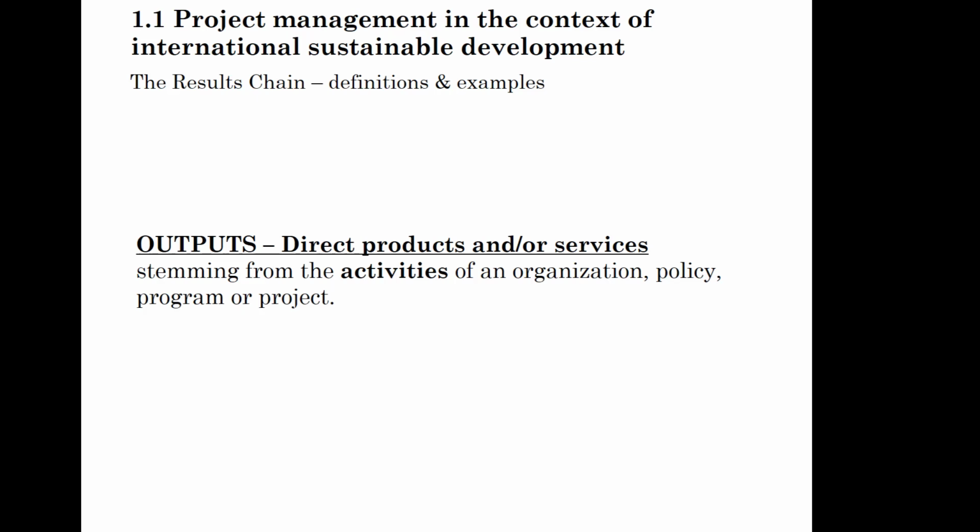It could be the implementation of suitable equipment for milk collection and conservation from smallholders in some peri-urban region of some country. Outputs are, in fact, what one could name the project intervention. They are what the project is in fact producing, what the project is in fact delivering.